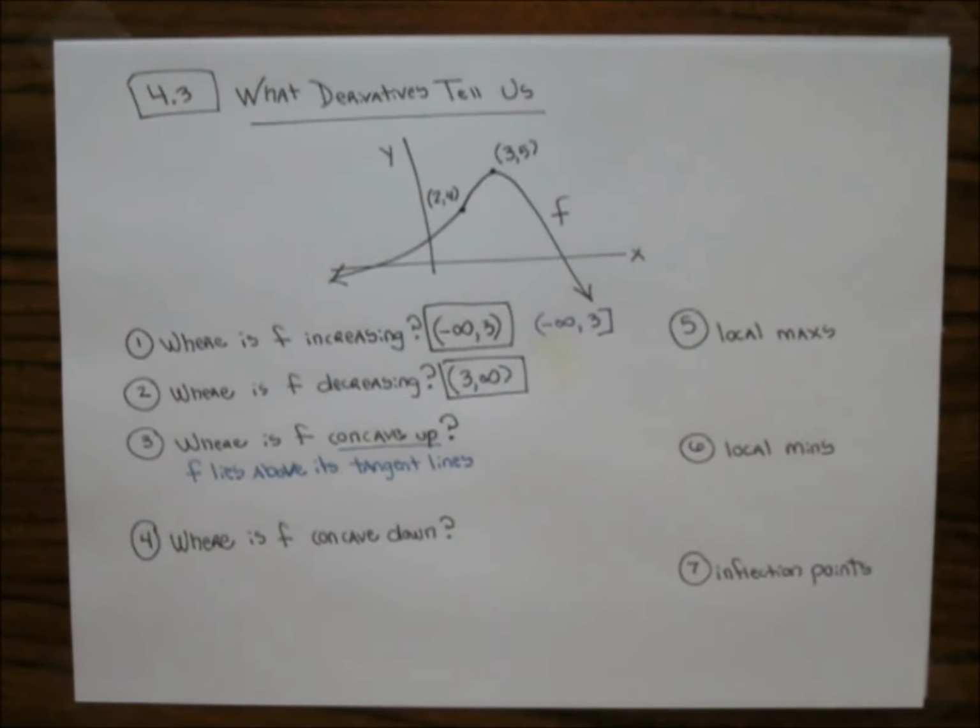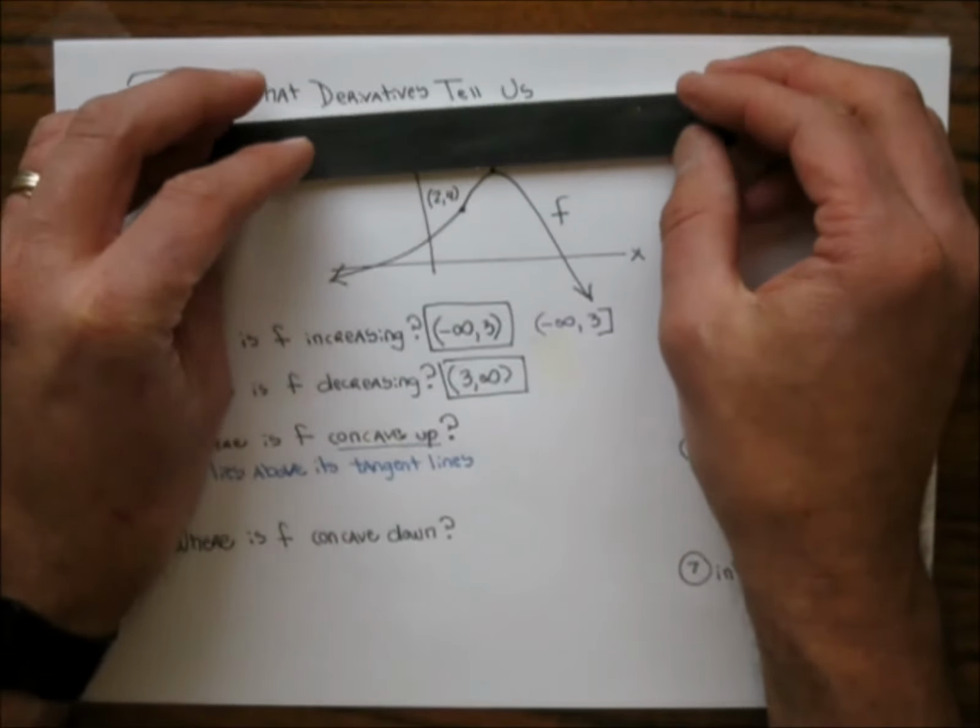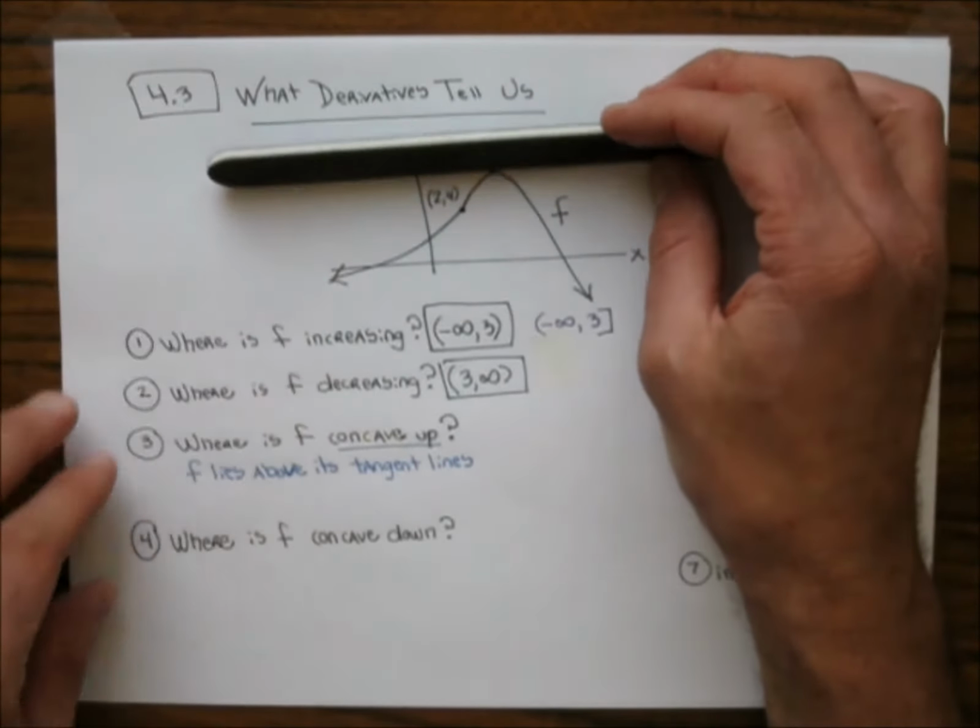So if I have a tangent line right there at that point, f is lying above it. But then once I get right here, maybe at 3, 5, then f is lying below it.